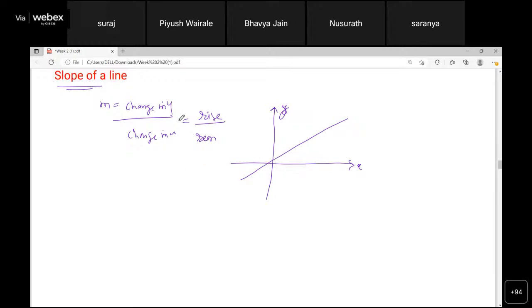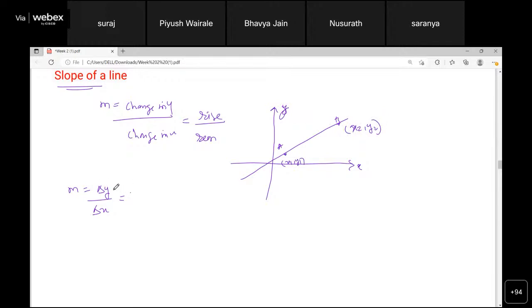So M we denote generally like this, del y, that is change in y, upon del x, right? So if I have these 2 points, say this is A and this is B, I have these coordinates, say x1 comma y1, and this one is x2 comma y2, then what will be the slope?